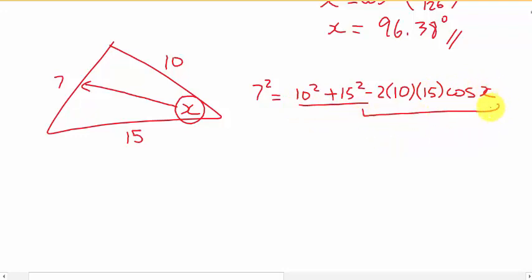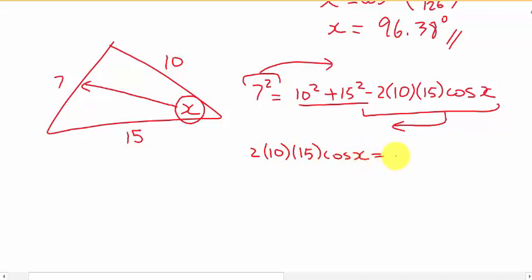Push this to the other side. This one over here. So 2 times 10. Evaluate the numbers here.